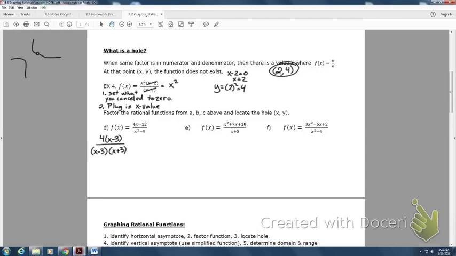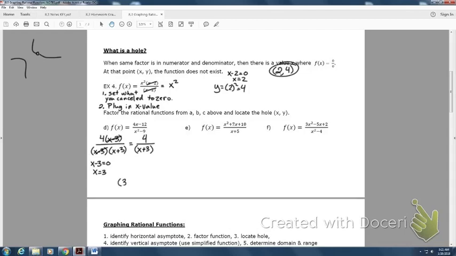So now that I'm here, does anything cancel? X minus 3. So if I canceled out x minus 3, what's the x value of my hole going to be? 3, because I would set that equal to 0. X equals 3.